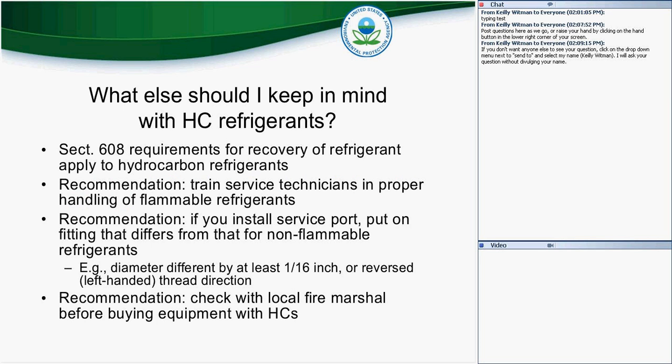Then in addition, some other things that you should be keeping in mind if you are considering purchasing this kind of equipment. Section 608 requirements of the Clean Air Act, that's the requirements for recovering refrigerant, apply to alternatives to ozone-depleting substances, and at least for now, that still includes hydrocarbon refrigerants.